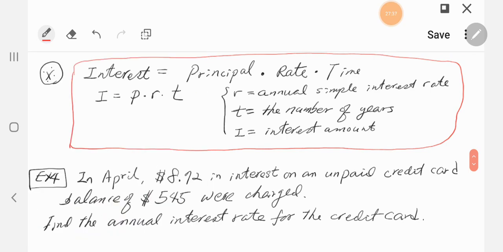So I means the interest amount for the number of T years. And the annual simple interest rate is, let's say, R%, like 10%, 20%, 5%. And P is the initial amount, principal. We call it principal, the initial amount.